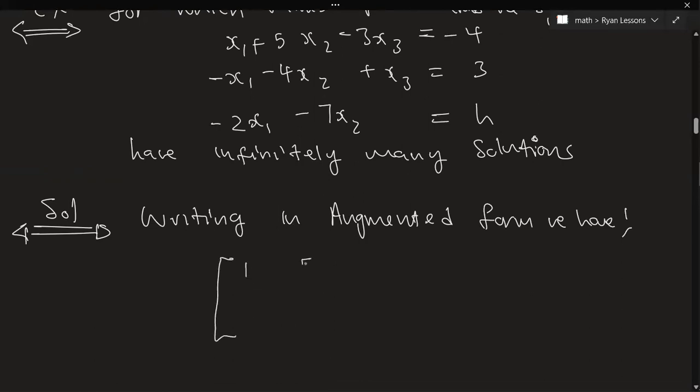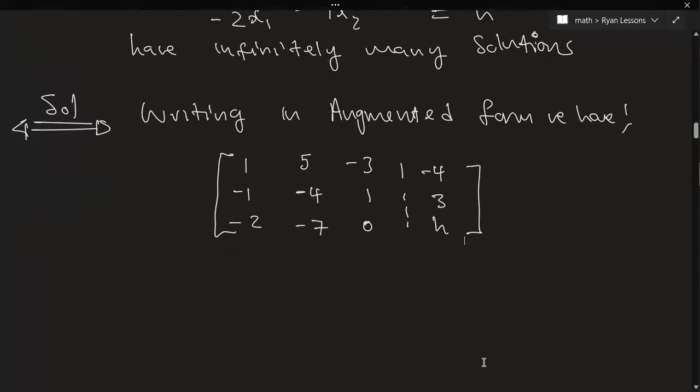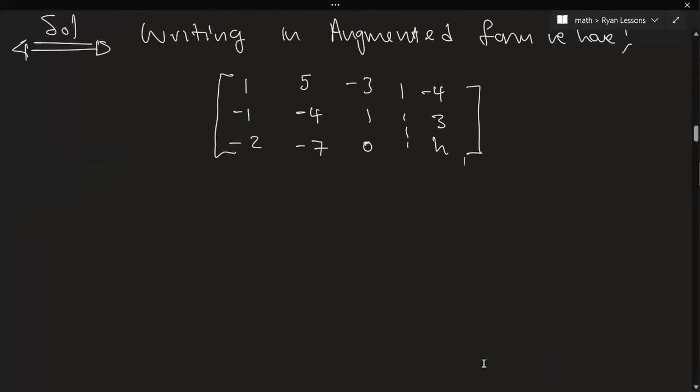So this will become 1, 5, minus 3, negative 1, negative 4, 1, negative 2, negative 7, 0, and then negative 4, 3, h, like that. So it means now we're going to consider this matrix and perform some reduction to write it in echelon form.